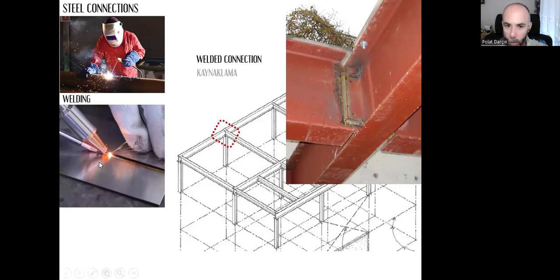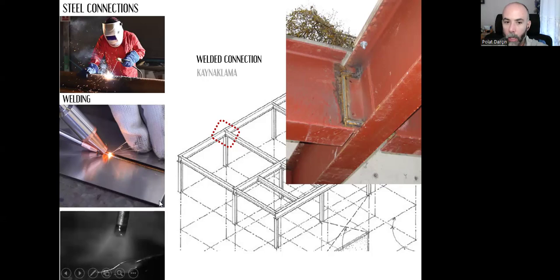There are two separate metal pieces, and I want to connect them together. So I use a third metal, and with this high level of heat, I let it melt and freeze in this gap like a glue. It creates a non-flexible connection.